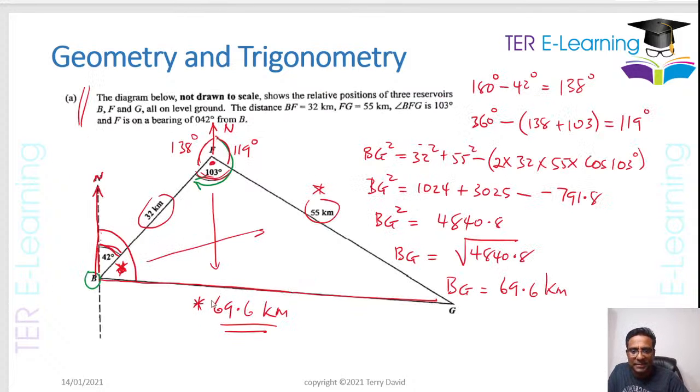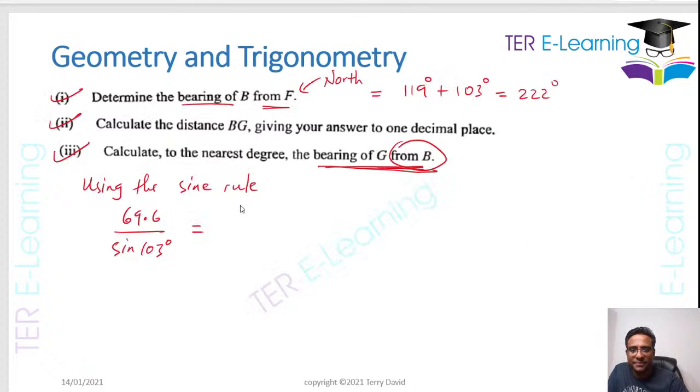I'm using this length divided by the sine of this angle here. And then I'm going to use this length, which is 55, divided by sine of the unknown angle. So we're going to say 55 divided by sine of that angle we don't know, right?